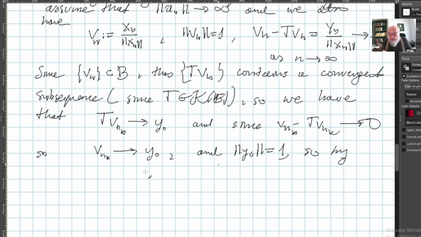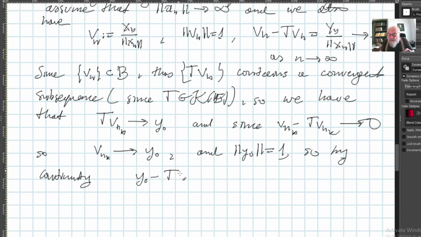So by continuity, T Y naught is equal to the limit as k goes to infinity of T V n k.